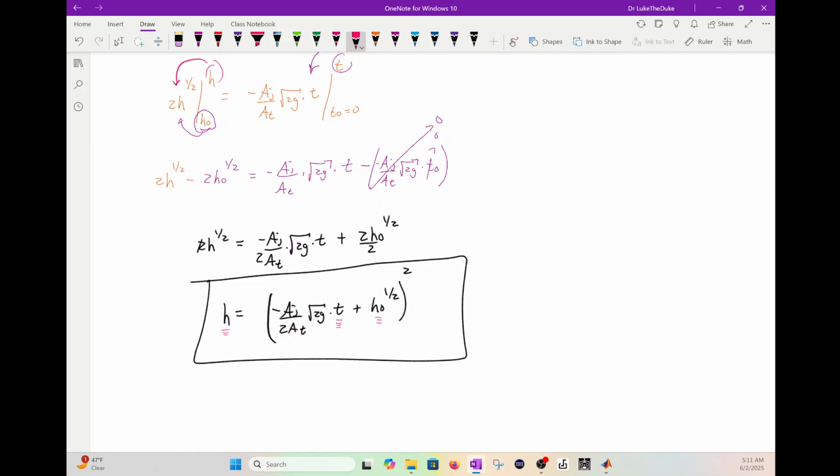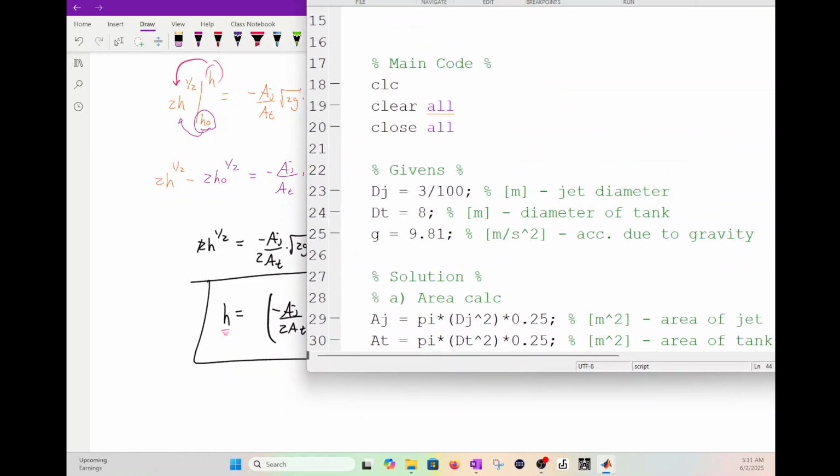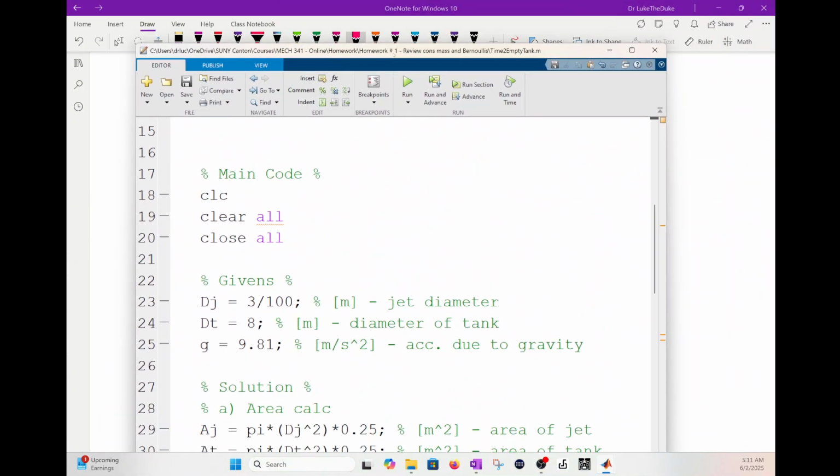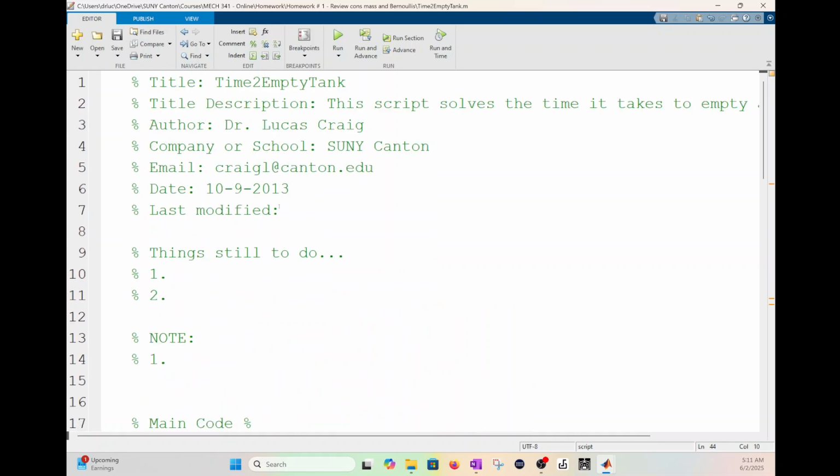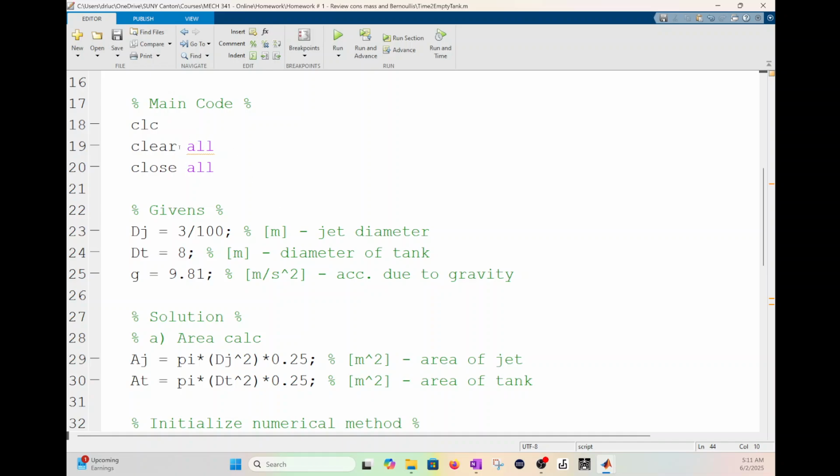So that is how you solve it. Now let me show you my MATLAB script, which is right here. Bring this down so you can see it. I have my header up here, my main code, so clear, clc, close all.